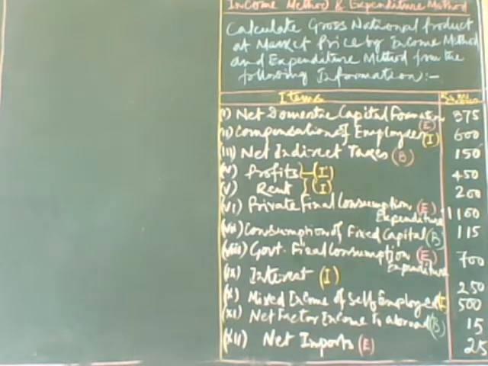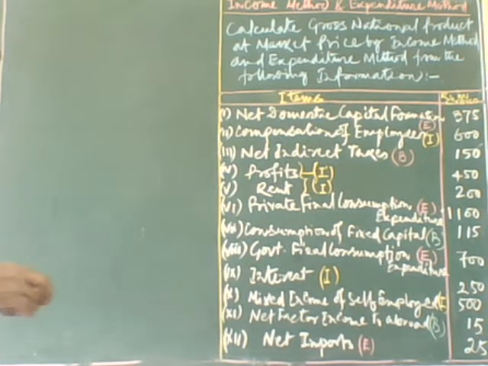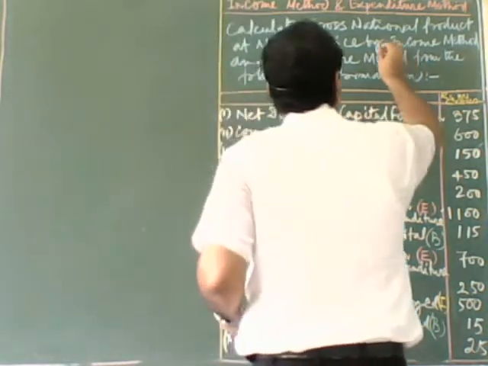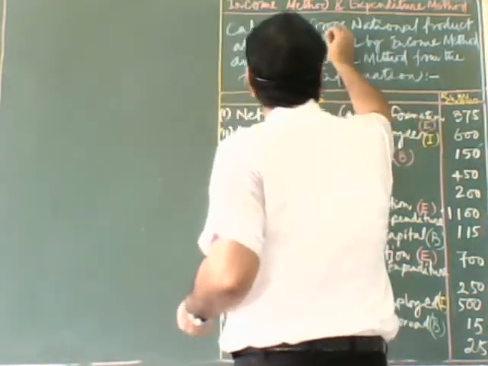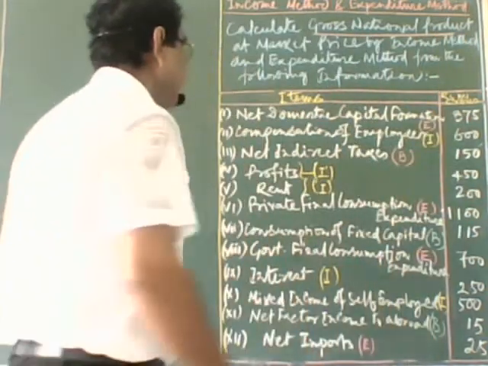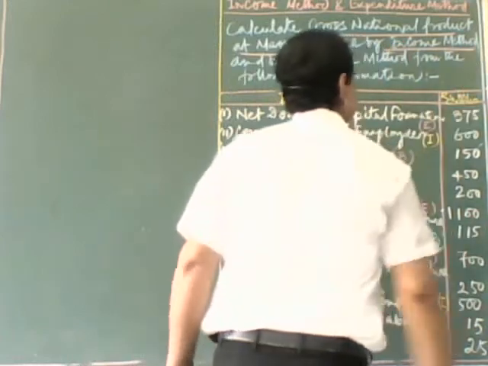Next, I will come to the main part, that is we have to solve the gross national product at market price by income method.